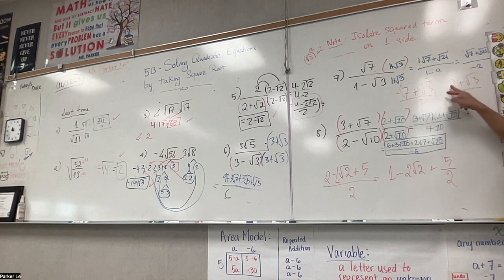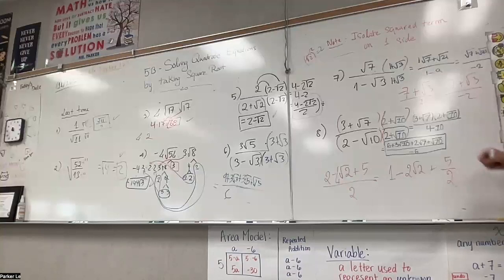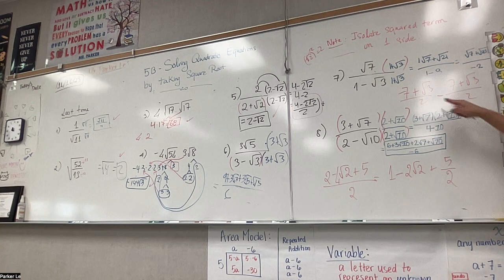Or you can just put a negative on the front, like this, not just on the negative 7. If you want to be sure, just put a negative on the front, because this negative can either go to the negative 2 or go to the top, but the whole thing, not just the 7.